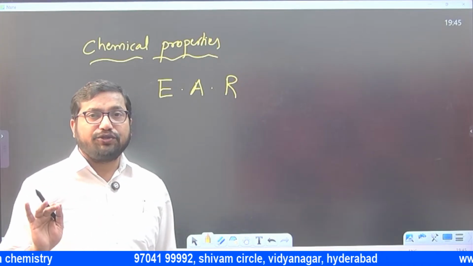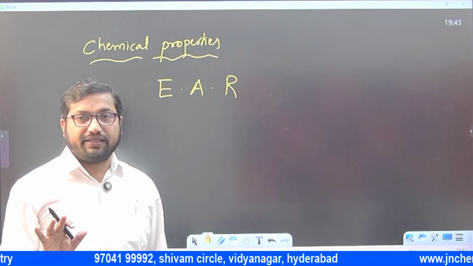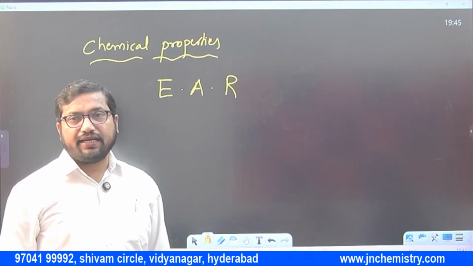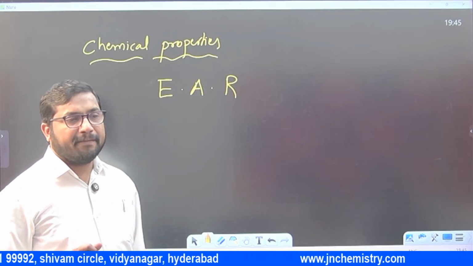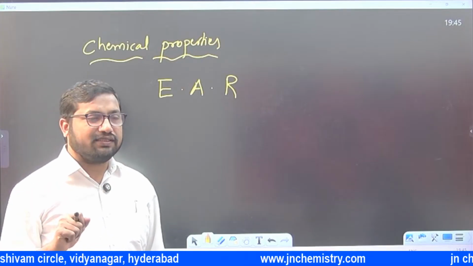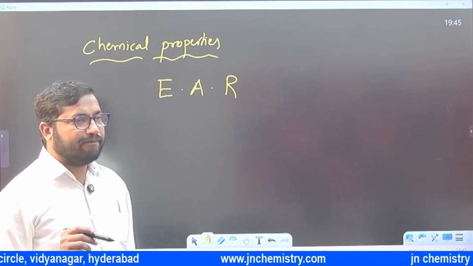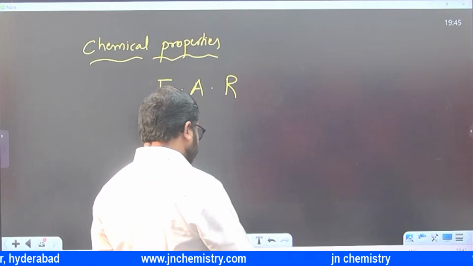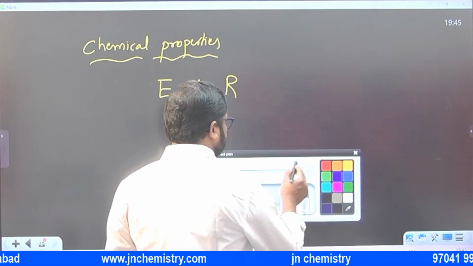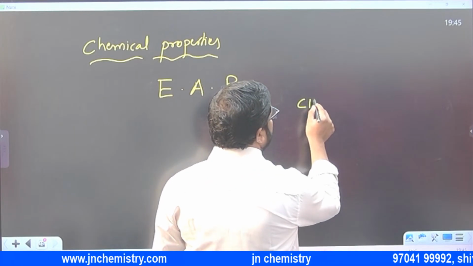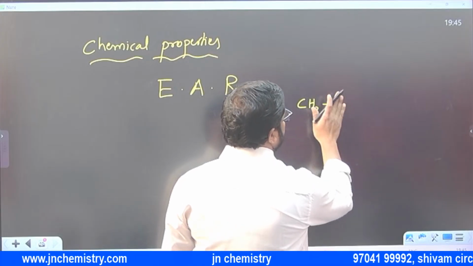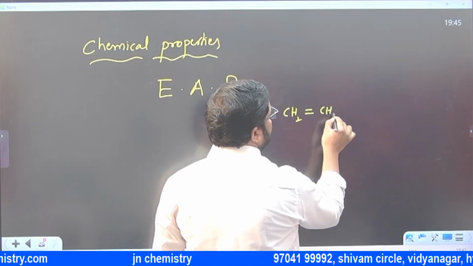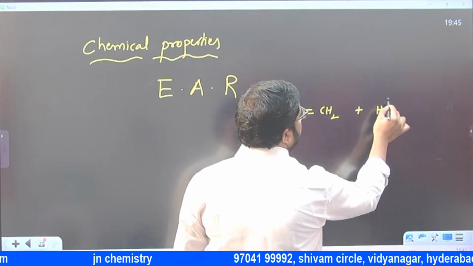Alkenes do not undergo nucleophilic addition particularly. Why? This is an important thing I explained in the reaction mechanism. I think you were absent. Because of repulsions between, for example, CH3 CH2 double bond CH2, H plus can come and attack.